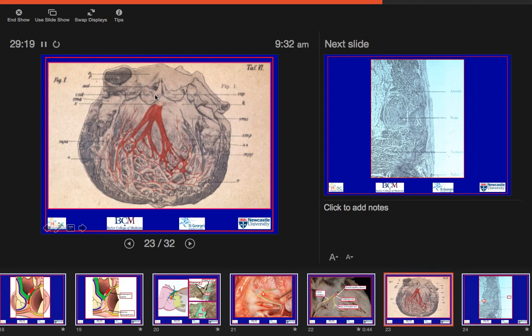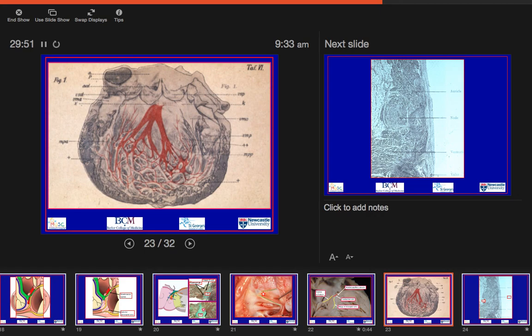You see here the right coronary leaflet of the aortic valve, and look how close the anterior margin of the left bundle branch is to the nadir of the right coronary leaflet. It's not surprising when you put prosthetic valves underneath the aortic valve that they lie on the left bundle branch. And this is the information we were discussing yesterday evening.